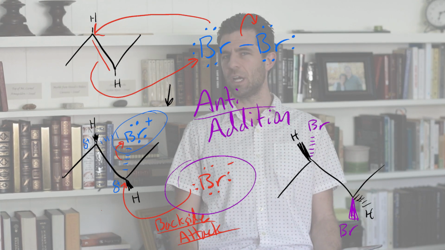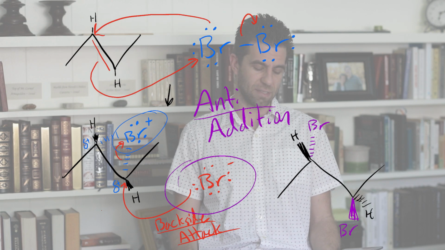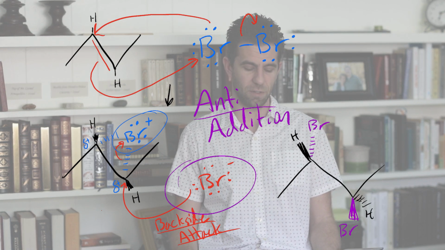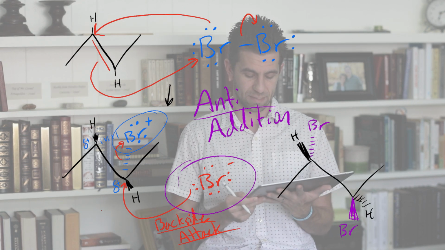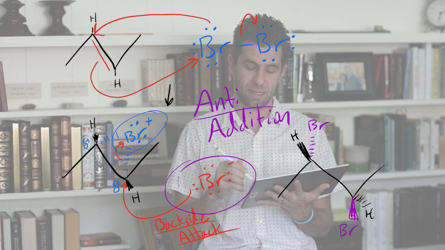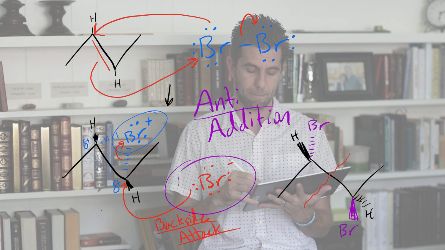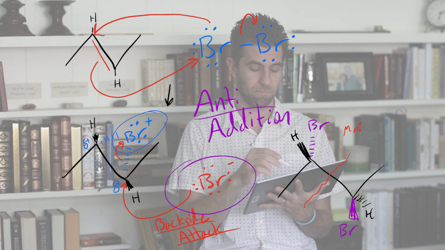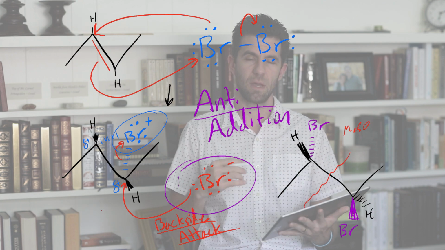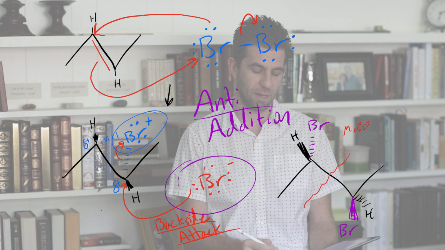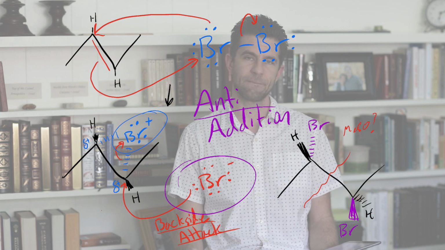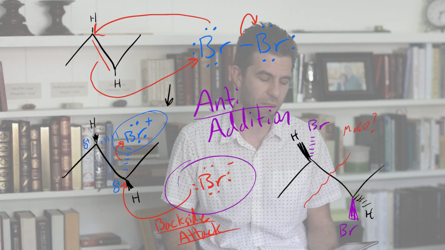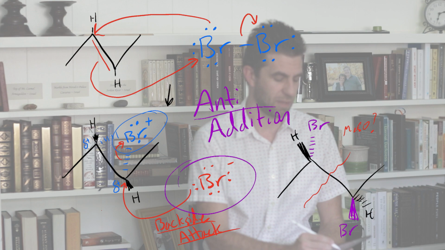Something else I want to address with this. Notice what we have for our result here. In fact, I understand that this could be a meso compound, right? I'll let you answer whether or not it's a meso compound. But I will also show you another important thing that played into this.